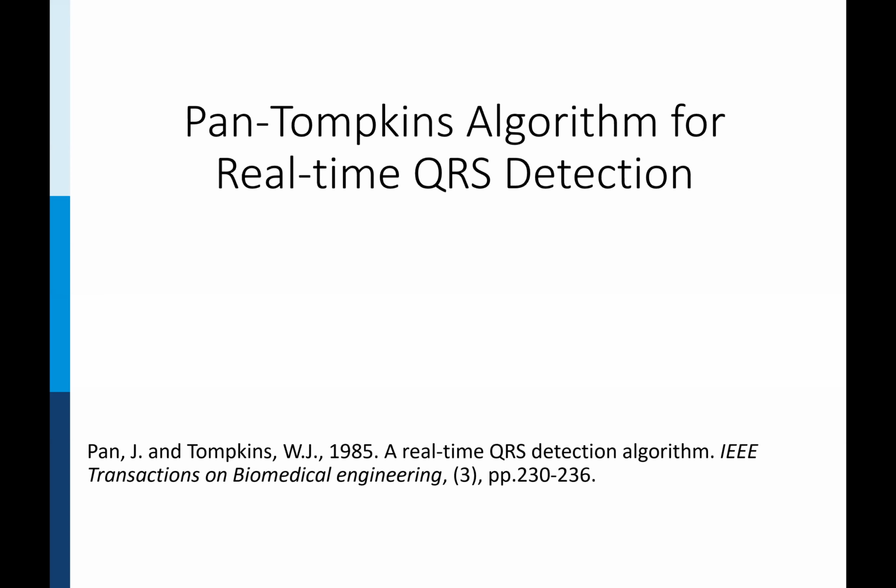I highly recommend that you go through this paper because it contains very important details about how to involve various filtering and schemes for thresholding so that we could detect QRS complexes in a more robust way. This technique has also found a lot of practical applications in various biomedical products.